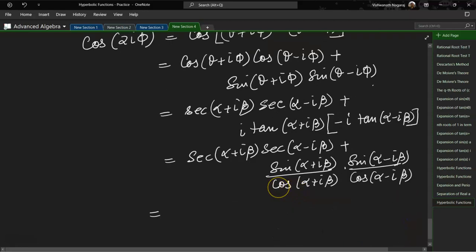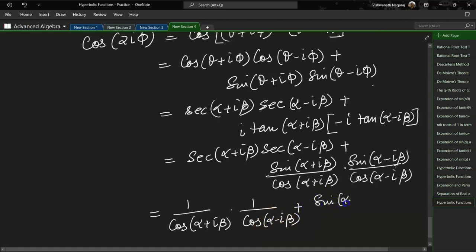What do we do? Sec(alpha + iβ) can be written as 1 by cos(alpha + iβ), times 1 by cos(alpha − iβ), plus sin(alpha + iβ) sin(alpha − iβ) by cos(alpha + iβ) cos(alpha − iβ).